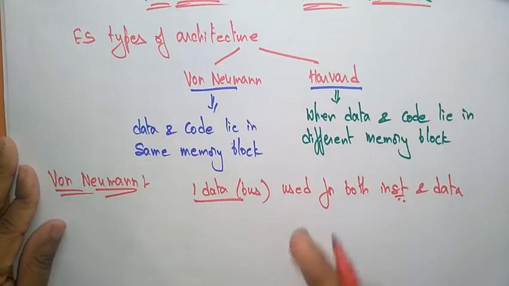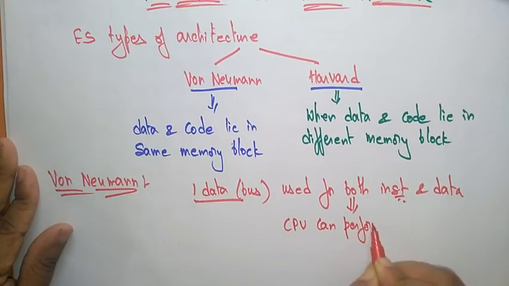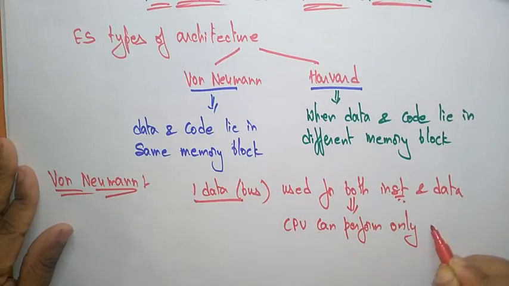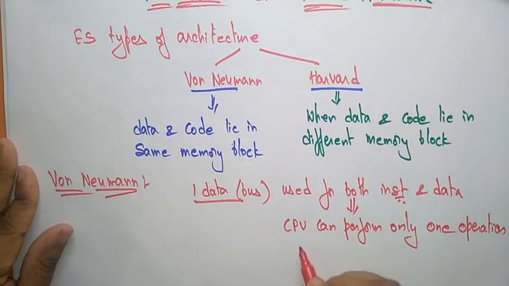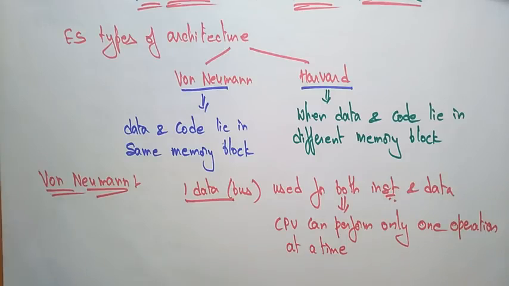As a result, the CPU does one operation at a time. By doing this, the CPU can perform only one operation at a time, that is either fetching data or an instruction from memory, or performing read-write operations on data. Any one operation can be done at a time.